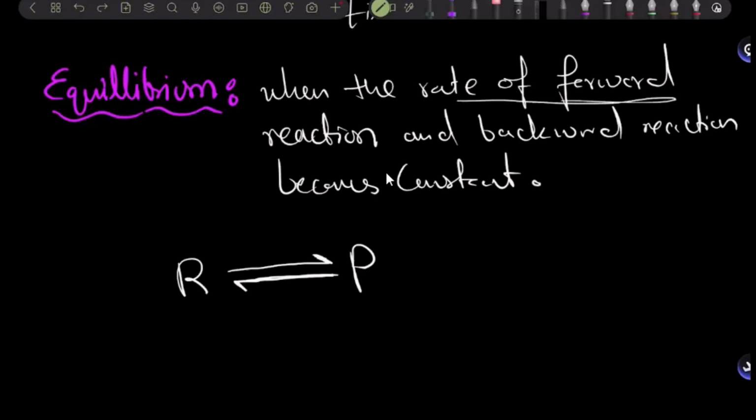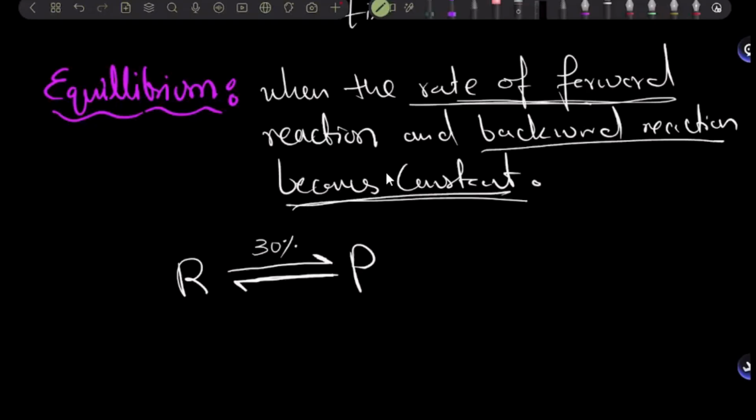The rate of forward reaction becomes constant. It has been decided now that the reaction will proceed 30% in the forward direction. They have decided. In every second, 30% of the reactants go into products. And then the backward reaction has also become constant.